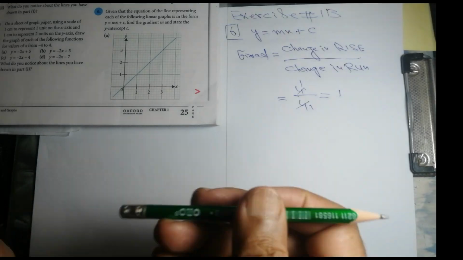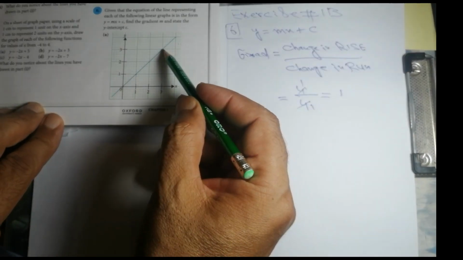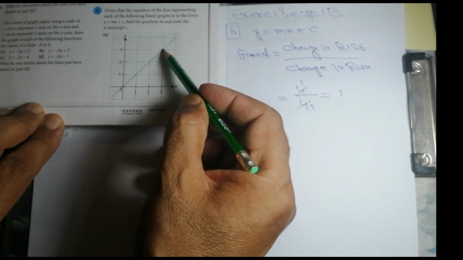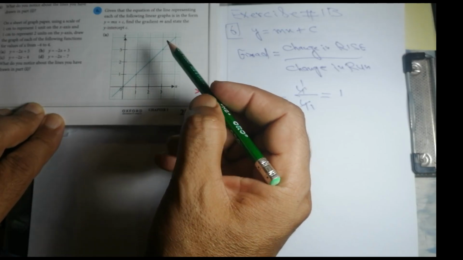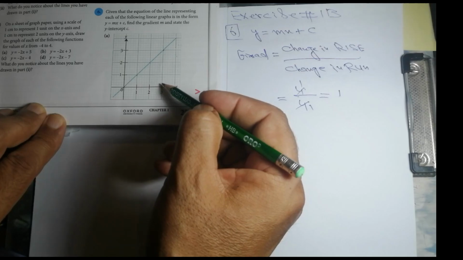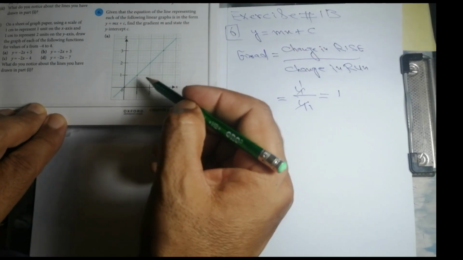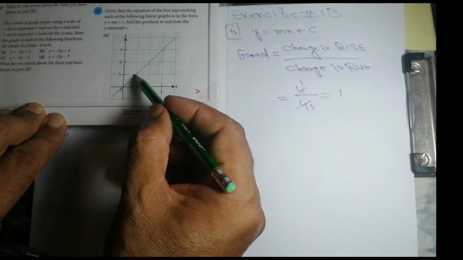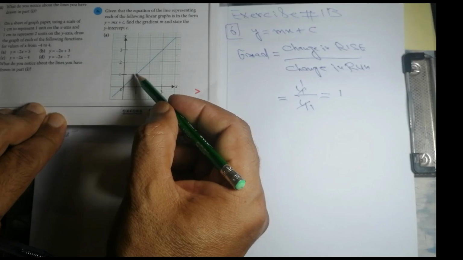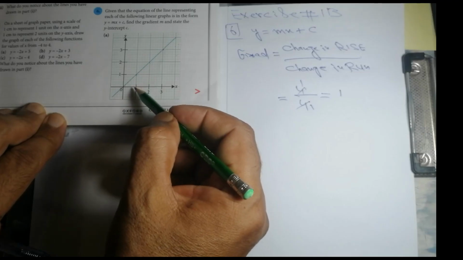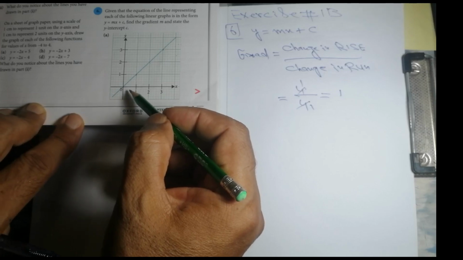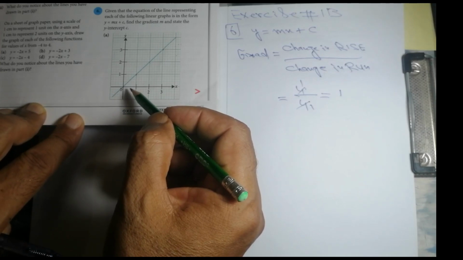As I told before, we can take any prominent point. For example, if we consider this one on the line, what will be the rise? Vertical distance will be 1, 2, 3, horizontal distance 1, 2, 3. So 3 by 3 is 1. The same answer, 1. And if we take this point, its vertical distance is 1 and horizontal is also 1. So in each case the gradient will be the same, 1.